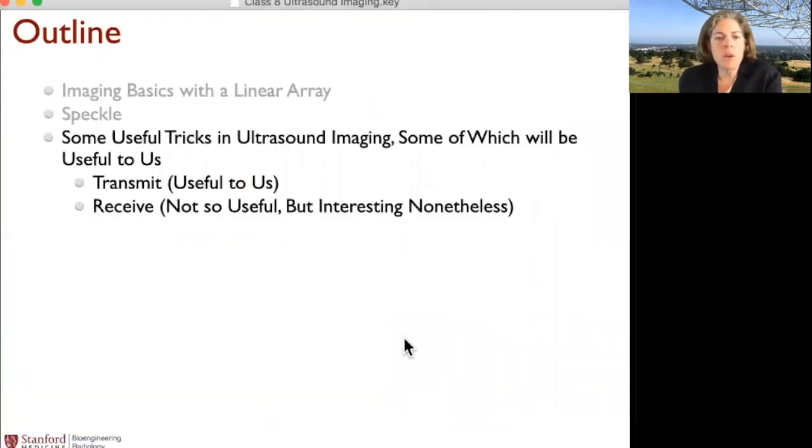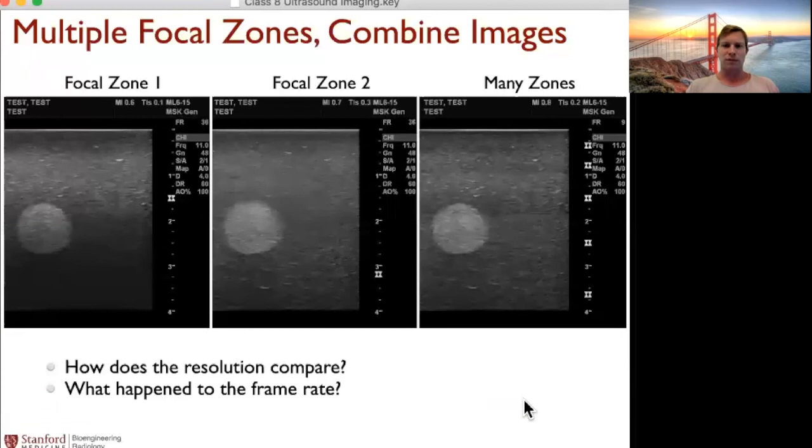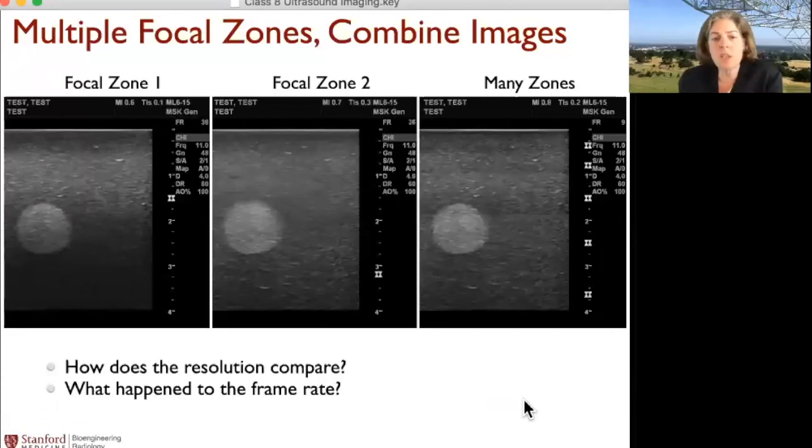Okay, so let's see. We talked about the basics of ultrasound, the linear array, and some speckle discussions. I want to just talk about some useful tricks in ultrasound imaging, some of which will be useful to us for our neuromodulation goals. So we talked a little bit about multiple focal zones.